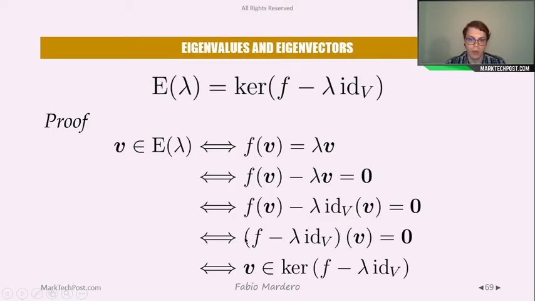So we are saying that f minus lambda times the identity linear mapping applied to v is equal to 0, which is the definition of the kernel. So v stays in the eigenspace of lambda if and only if the same vector stays in the kernel of f minus lambda identity linear map.